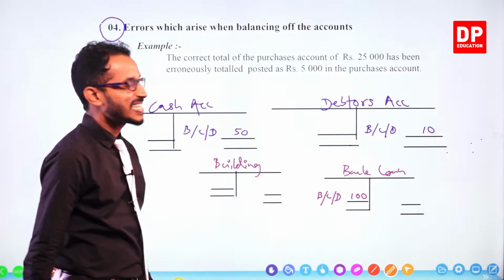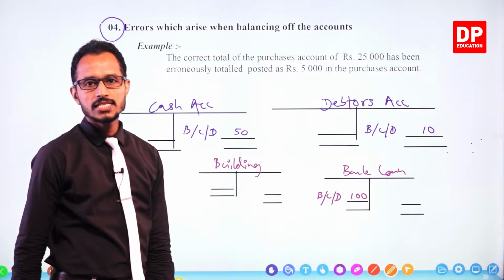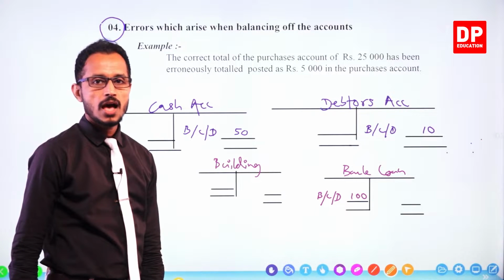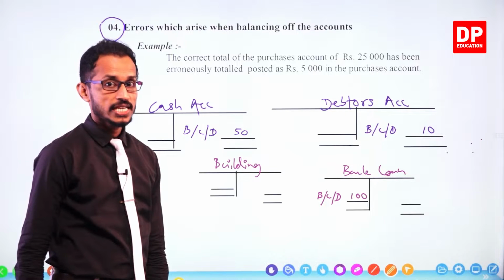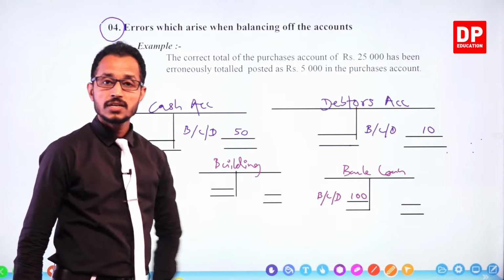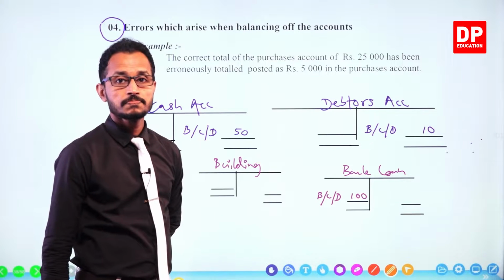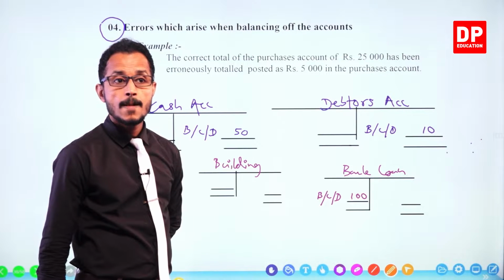How do you take these balances to the trial balance?